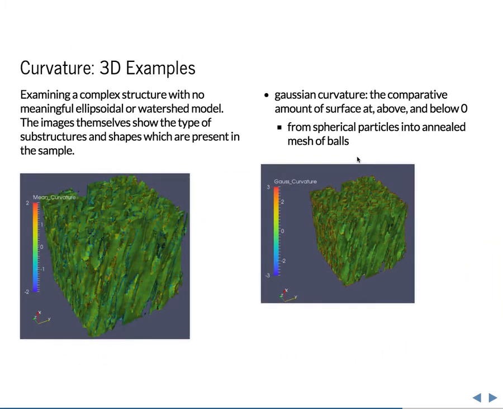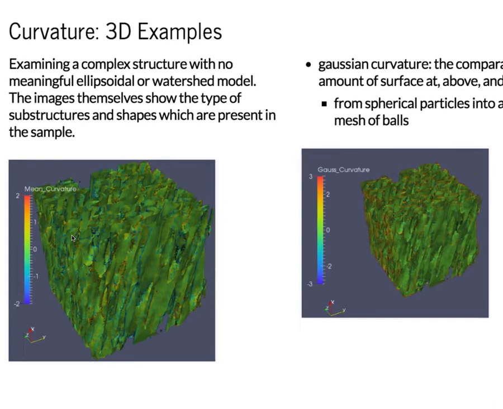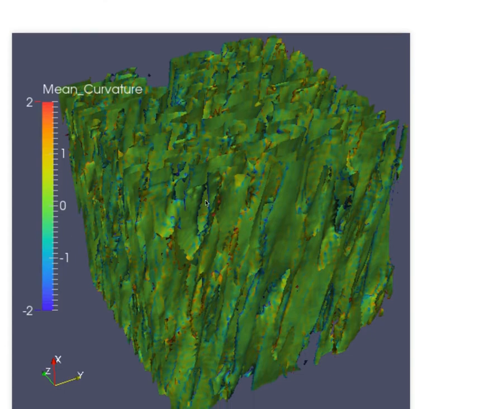So if we look at 3D examples of curvature, we have some images from ParaView here, where you can see the mean curvature or the Gaussian curvature. You have fairly low values along these surfaces, and then at the edges you end up with very, very high values.